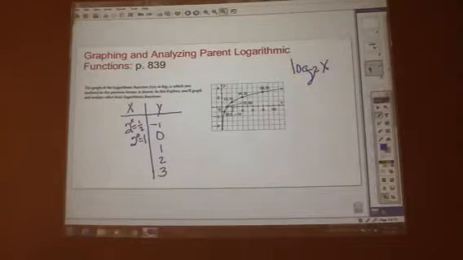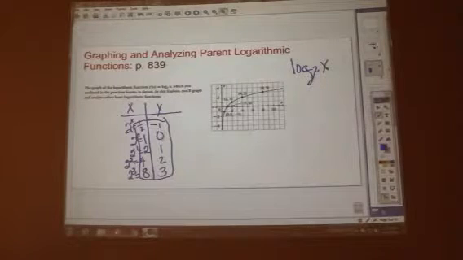So that would be 1, 0. If I put a 1 in there, 2 to the first power is 2. A 2 in there, 2 squared is 4, so 4, 2. And then 2 cubed is 8. So those are your points right there.